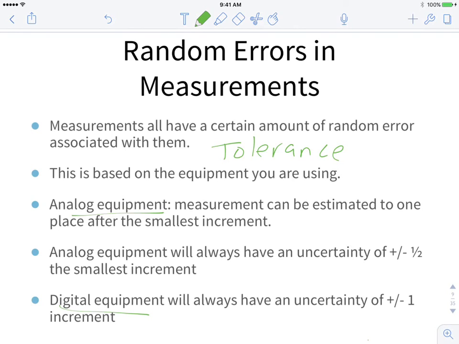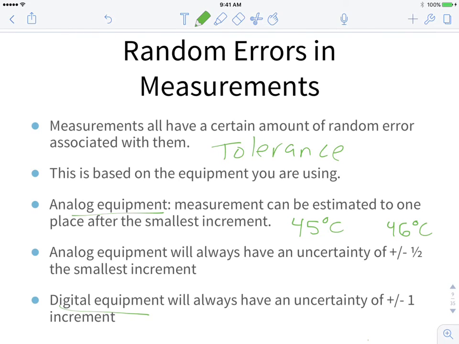The analog equipment, what you can do is you can estimate to one place after the smallest increment. So let's take, for example, that I had something like a thermometer and I was measuring a warm water bath at 45 degrees Celsius. Well, on the scale it says 45 degrees Celsius and the next increment is 46 degrees Celsius.